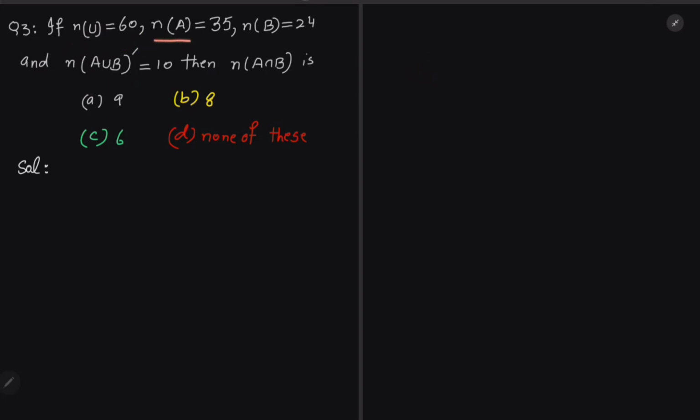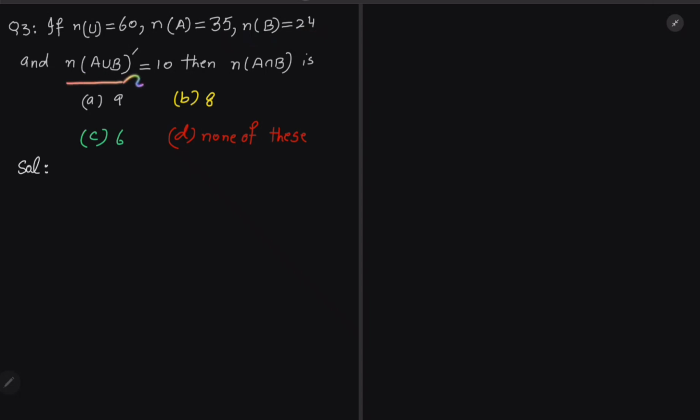And the number of elements in set A is 35. The number of elements in any set is also called the cardinality of a set. Similar to the number of elements in A, we have the notation for elements in B, we have 24.